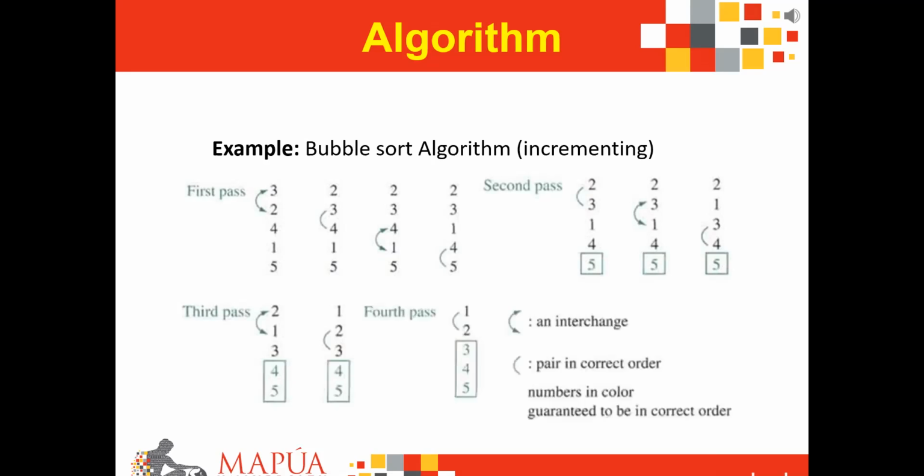So by the fourth pass, it checks the first two adjacent numbers and finds that they are in the correct order. Therefore, no swapping is done. And as the remaining numbers are already locked, the remaining values are now in the correct order. Hence, the algorithm terminates.